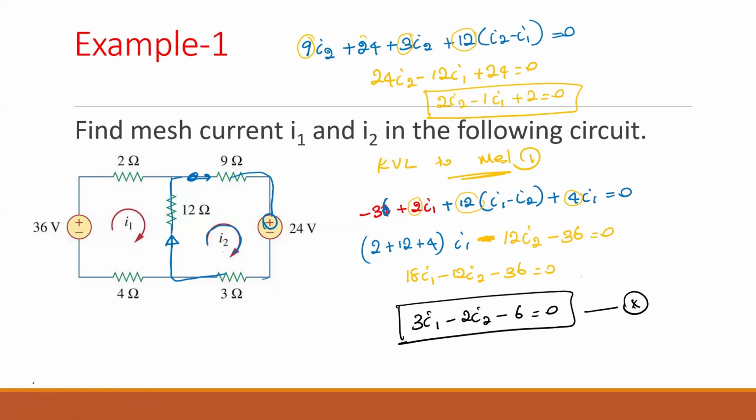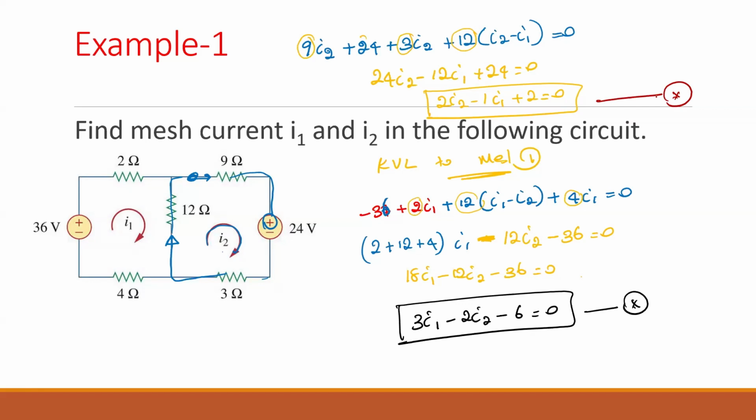So normally, as I've told you about the previous one, node voltage method, here also normally we ask you to get the equations. We don't ask you to solve the equations; we ask you to get the equations and simplify like this.